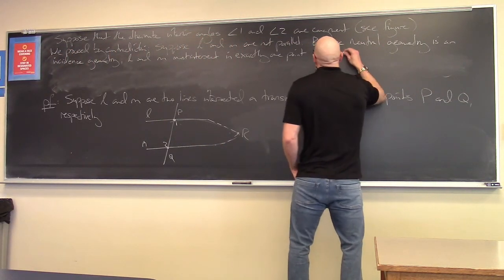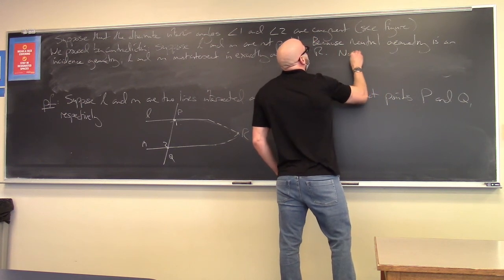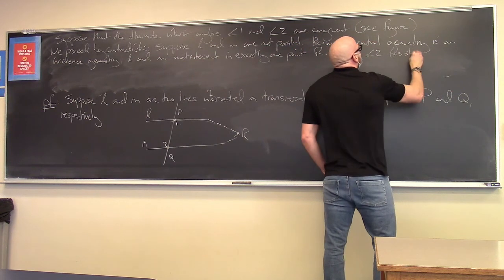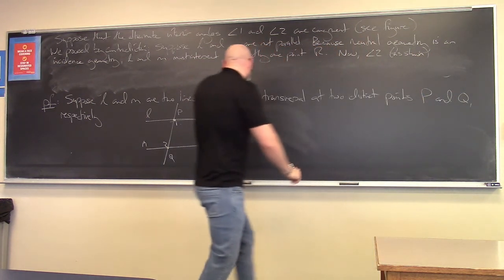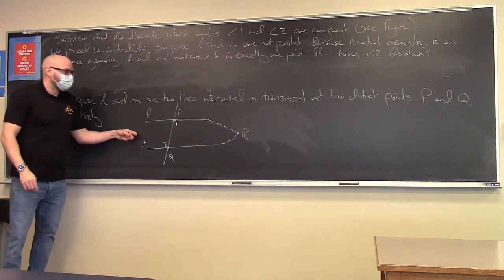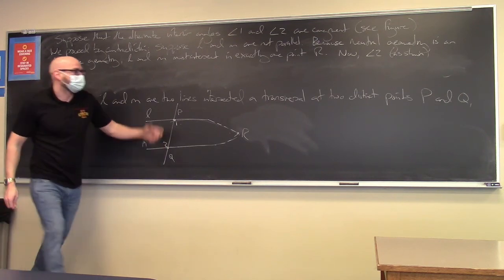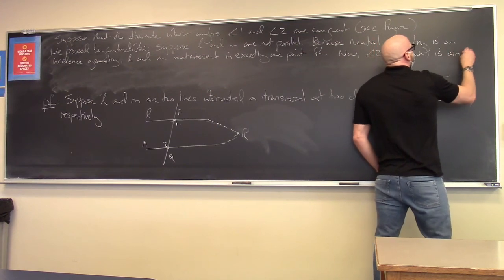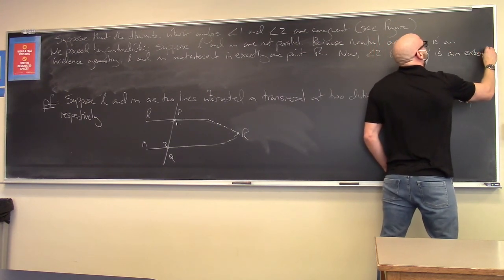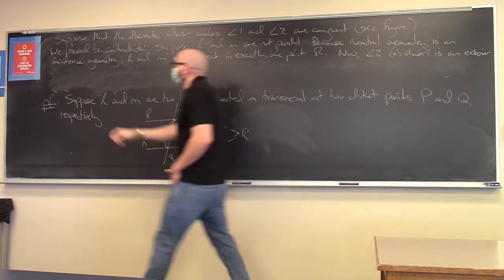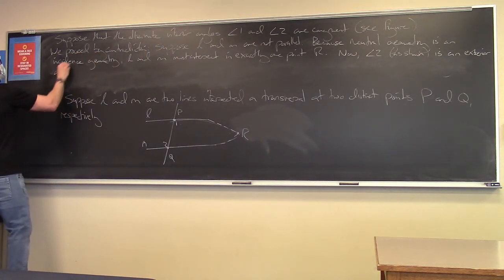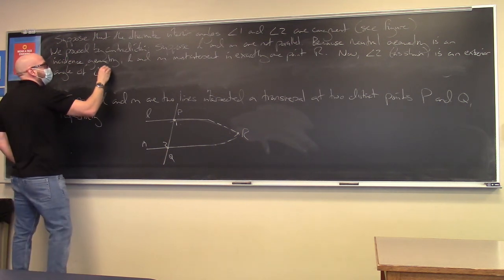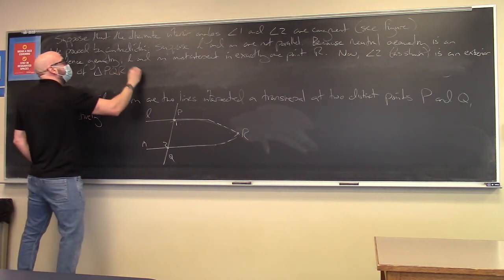So let's see. Now, angle 2, at least as shown. It could be the other angle is the exterior angle if R is actually on this side, but in my picture I have that angle 2 is the exterior angle. So angle 2 as shown is an exterior angle of triangle PQR.